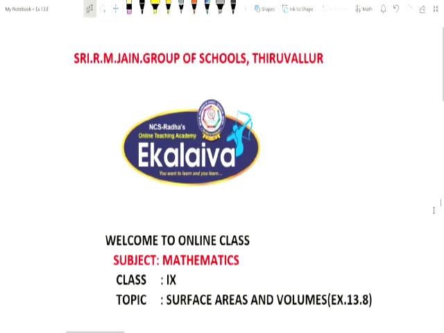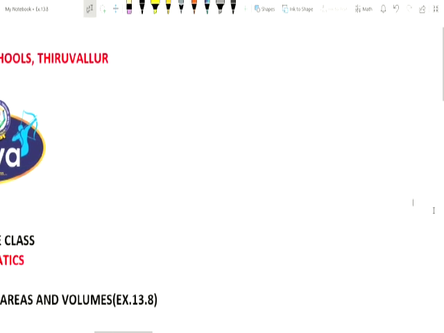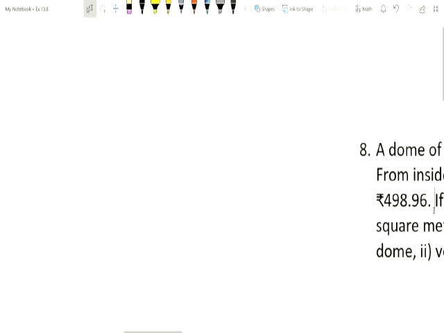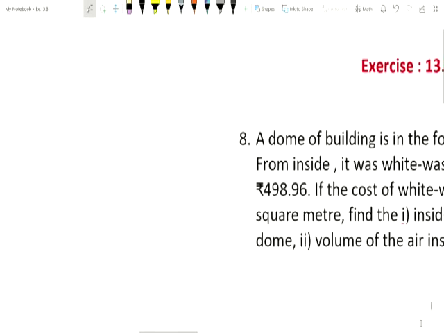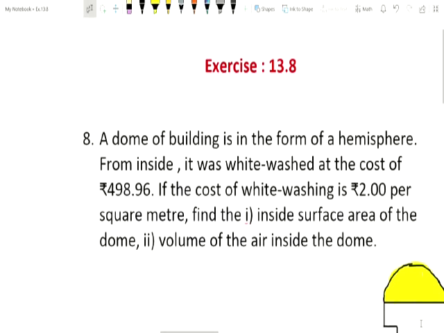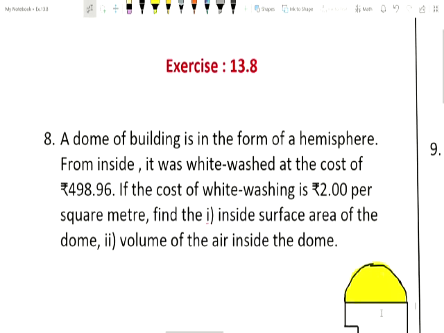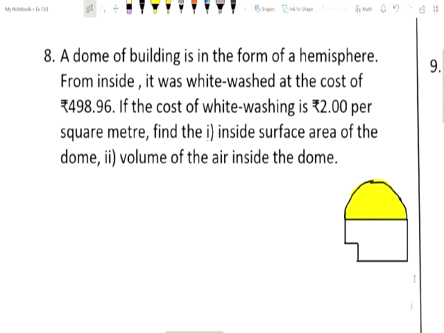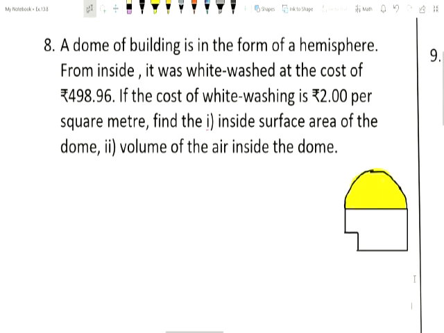In this we are going to see question number 8. So exercise 13.8, question number 8. A dome of a building is in the form of a hemisphere.